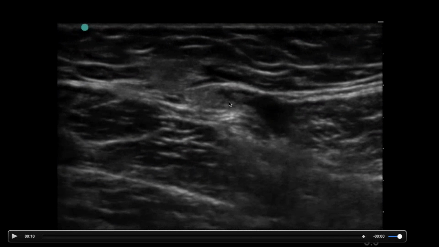This is also referred to as a subsartorial block for that exact reason. So while doing your anatomic scan of the medial thigh, you can try to identify these muscle bellies and then that fascial plane, and your target for popping under with your needle tip is going to be the fascial plane that includes the sartorius.